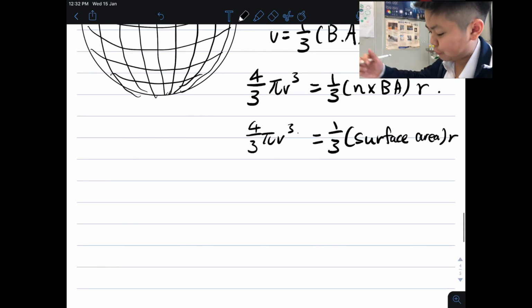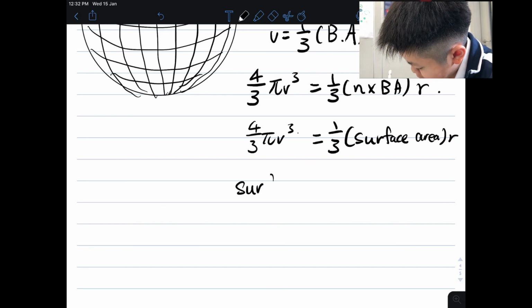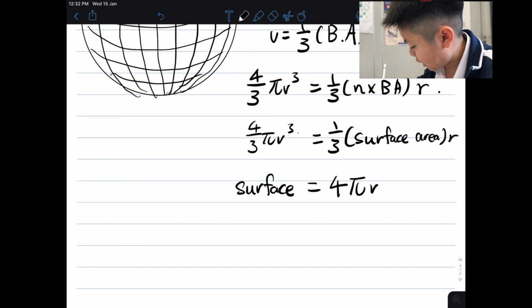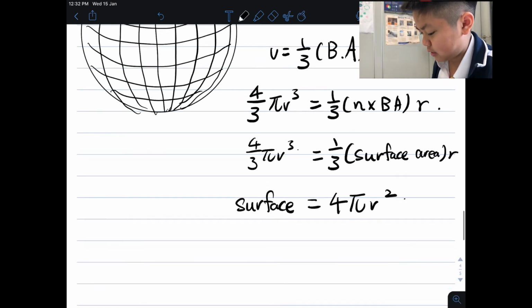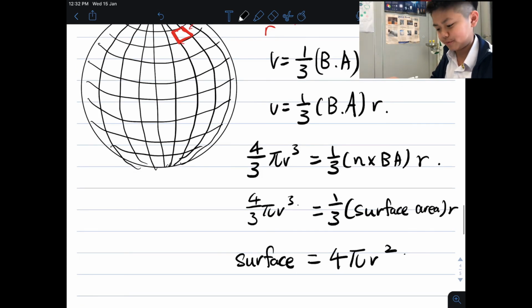If we solve this equation, the surface area will be equal to 4 pi r squared, which is the equation of the surface area.